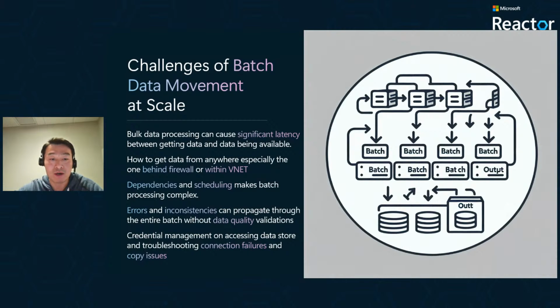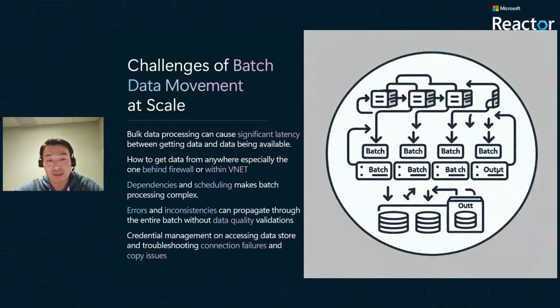You have to worry about how you can maximize the performance of data movement or how you can reduce the cost at the same time. And your data to be copied could be anywhere, either behind a firewall or within a VNet. So how to get access to that data and move it in a secure way is another common pain point.